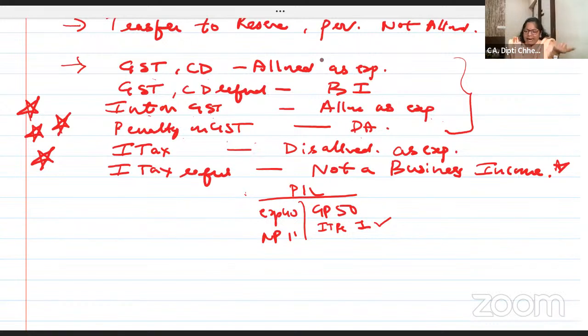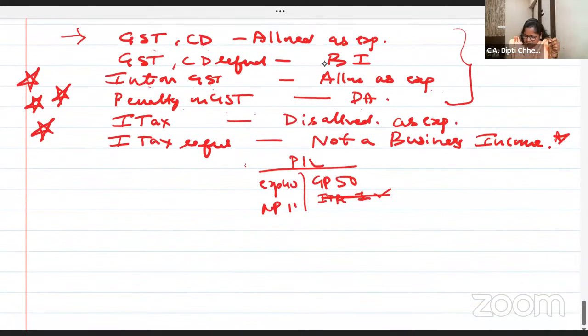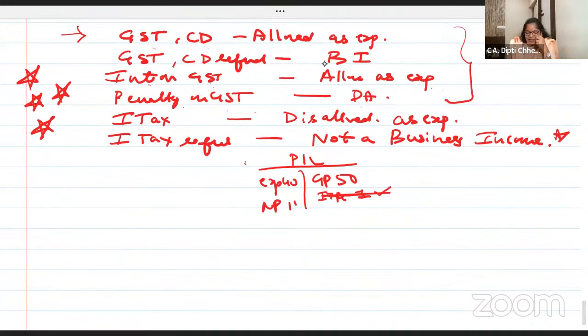So when you paid income tax, was it your expense? No. So income tax refund is not your income. Remove it. If you remove this, you can't scratch, otherwise the rectification of errors chapter wouldn't be needed, right or not?